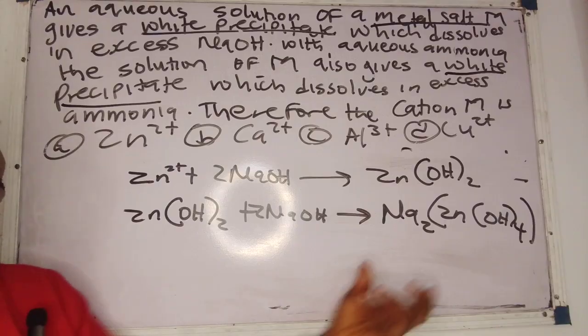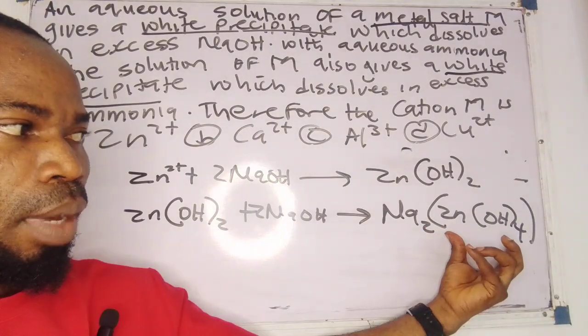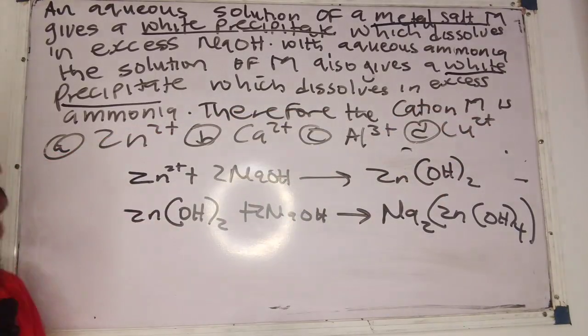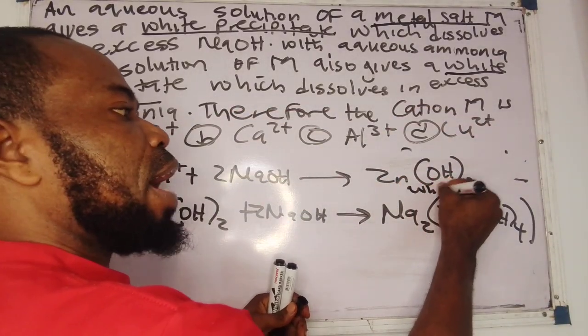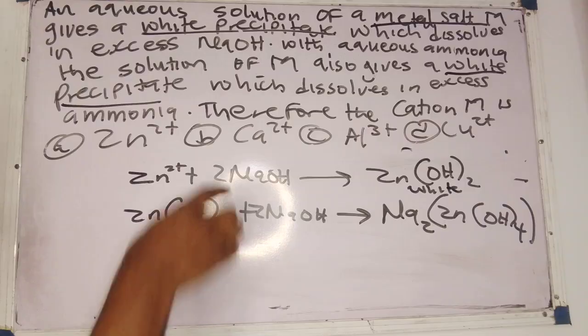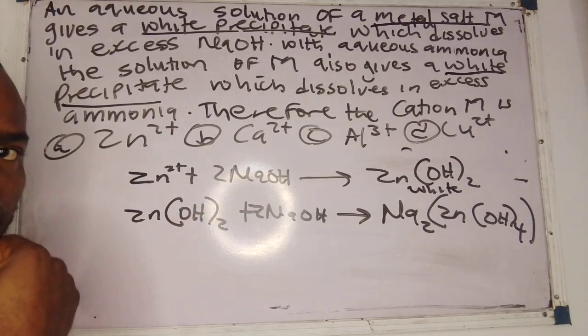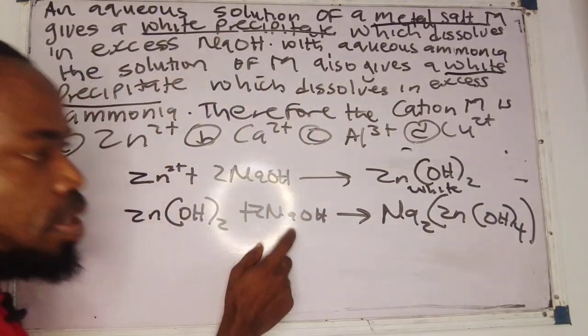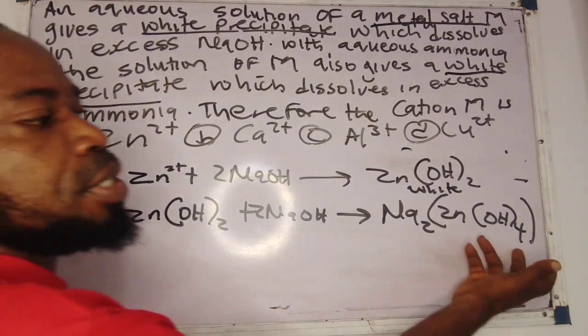Now this compound is formed. The white precipitate formed when zinc reacts with sodium hydroxide dissolves in excess of the base to form this compound.